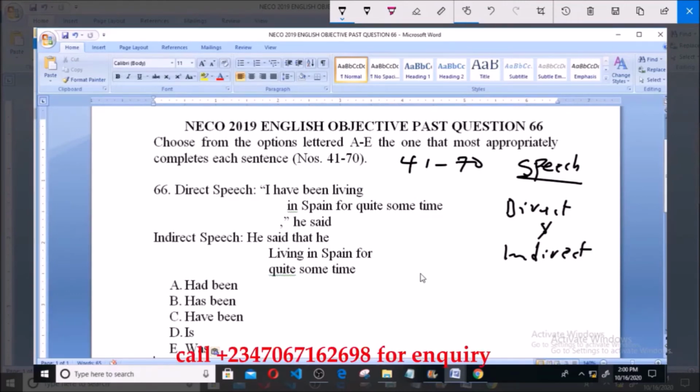Now the direct speech under question number 66 says, I have been living in Spain for quite some time, he said. Then the indirect speech now says, he said that he dash living in Spain for quite some time. Now we have to look out for the correct verb of time.